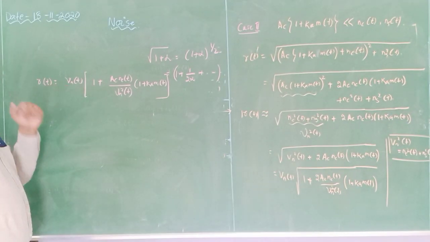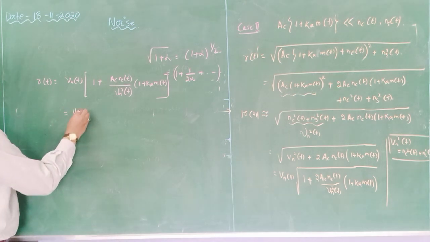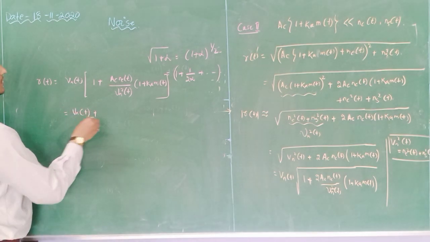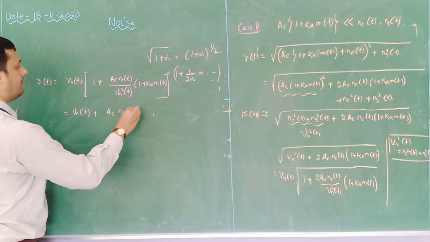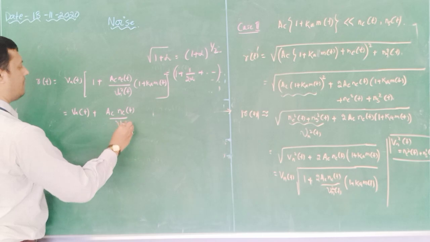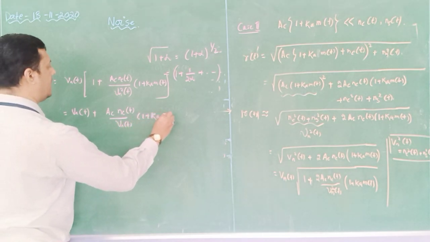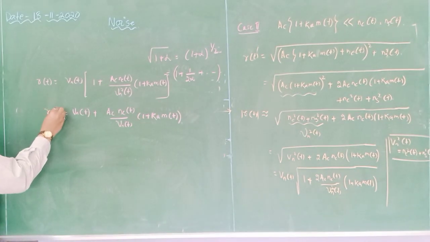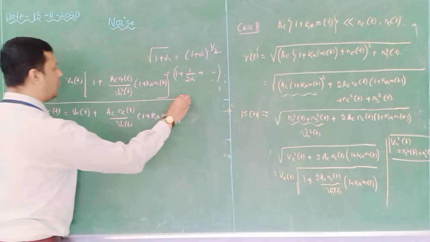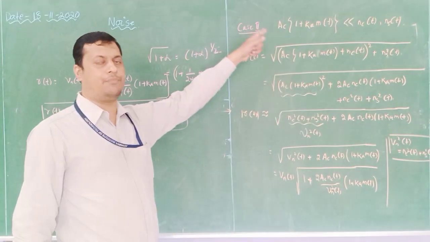Now if you multiply this by Vn of t, you will get R of t equals Vn of t plus AC NC of t upon Vn of t (1 plus K_a m of t).